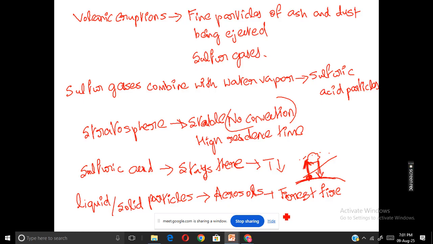But when they are in the troposphere, they settle down in a week or a number of days. When aerosols reach the stratospheric height, they stay there for a large amount of time and lead to cooling of the surface of the earth.